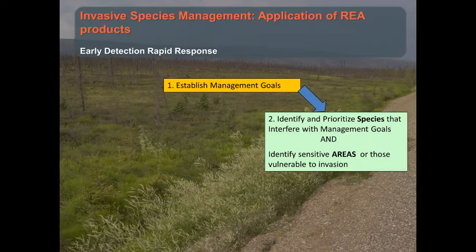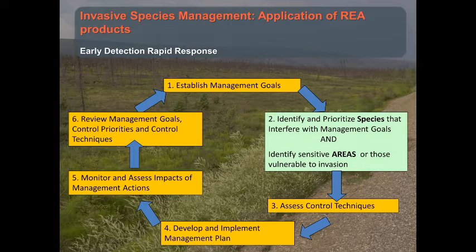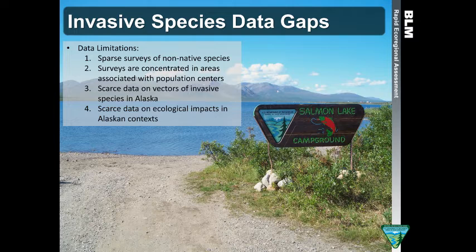And I think that's kind of where the products that we're producing here are useful. And then we can start talking about control techniques, management plans, seeing how those control techniques are working, and then revising the management goals at the end.